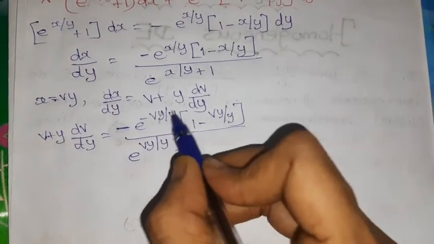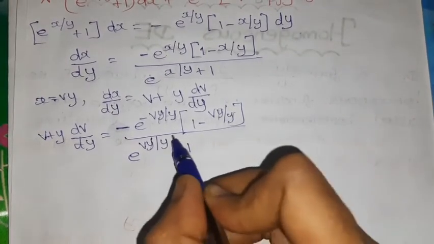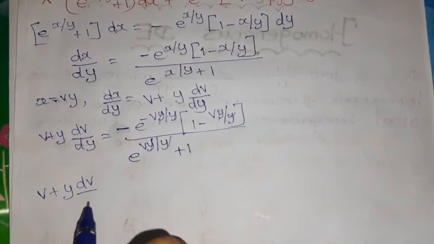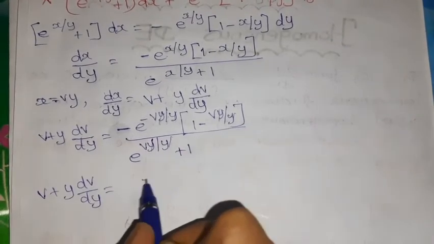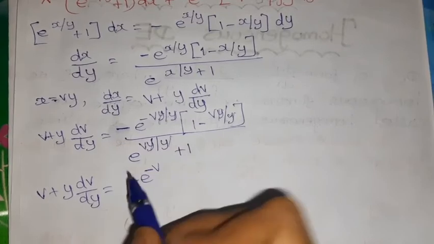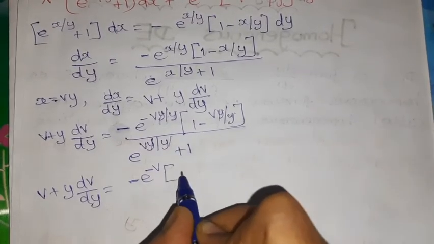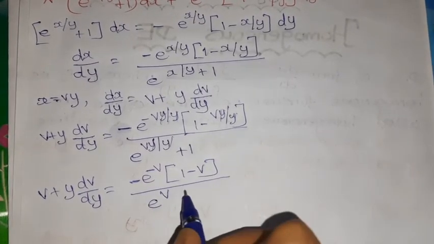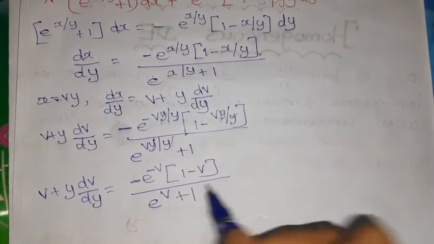So this y gets cancelled. So v plus y dv by dy equals minus e power minus v into 1 minus v divided by e power v plus 1, right?